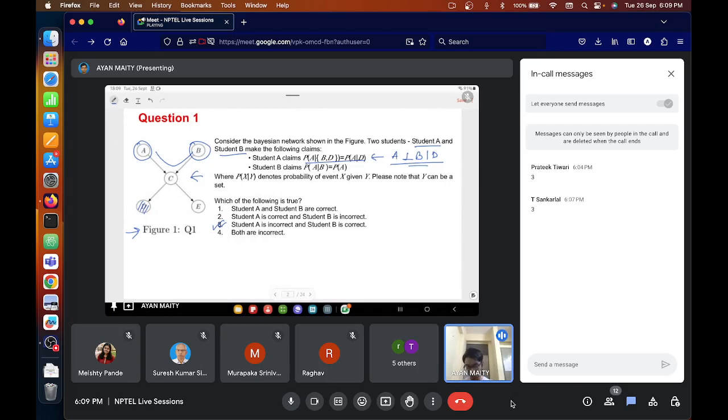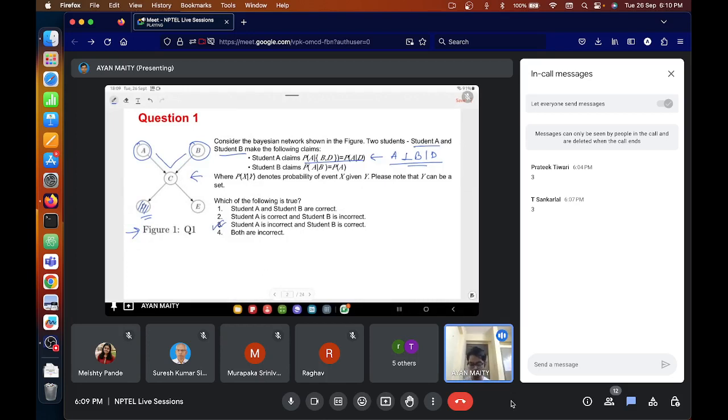The rule according to d-separation says that if C or any descendant of C, in this case D, is given, then this path is not blocked. C is not given, but D is a descendant of C and is given. In that case, this path from A to B is not blocked at C.